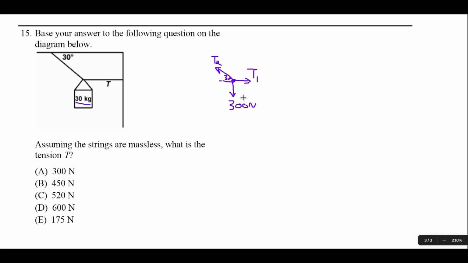Now, one thing that I need to do is once you draw an FBD, you then have to redraw it, breaking up any forces that are at weird angles, right? Just like how we talked about when we did those projectiles, that you can't be dealing with projectiles with velocities at angles. We can't do with forces at angles.